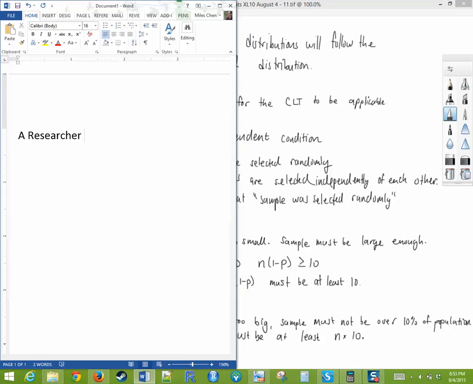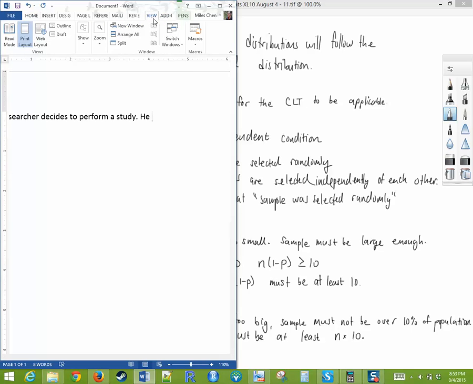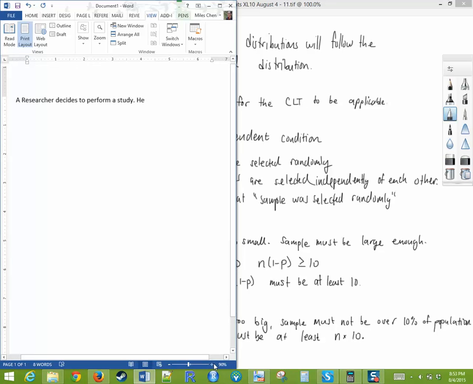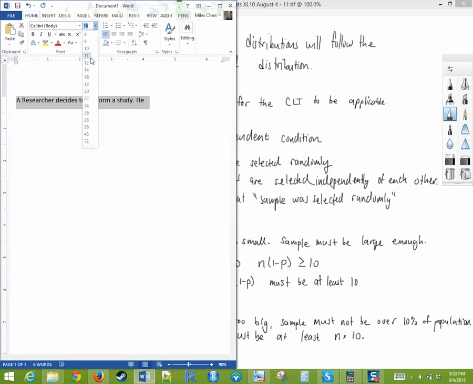Oh, shoot. Where's my view? Print layout, page width. No, it's too small. Okay, so let me just blow this up.